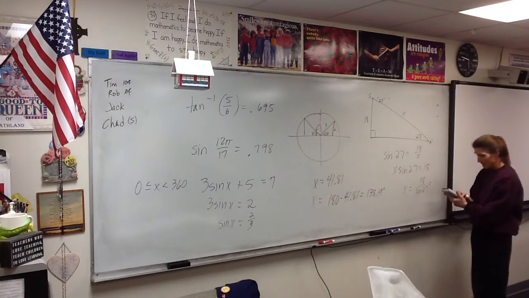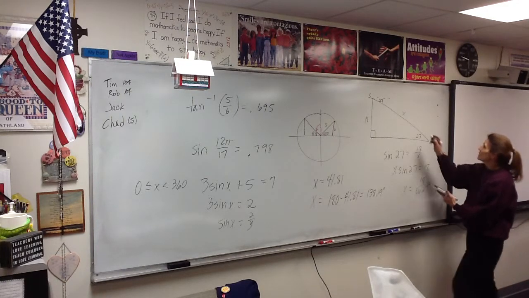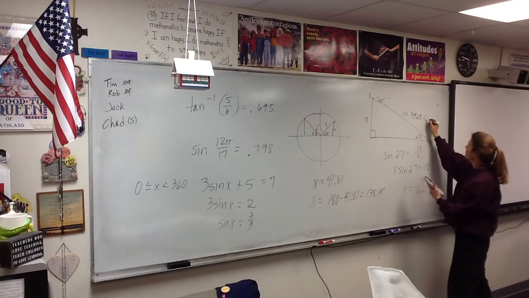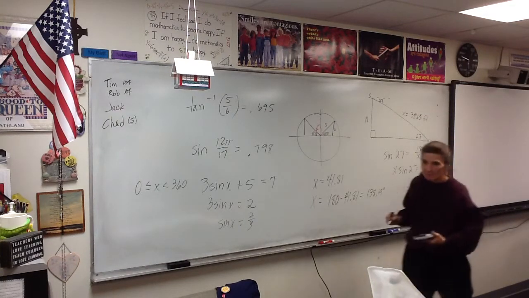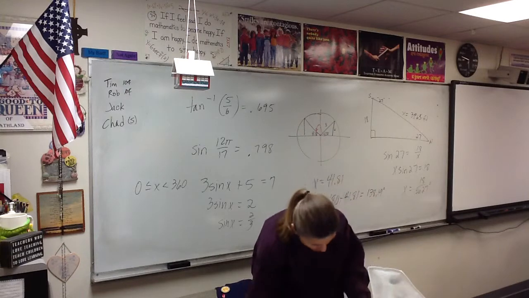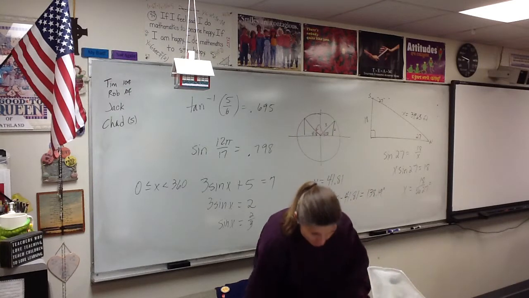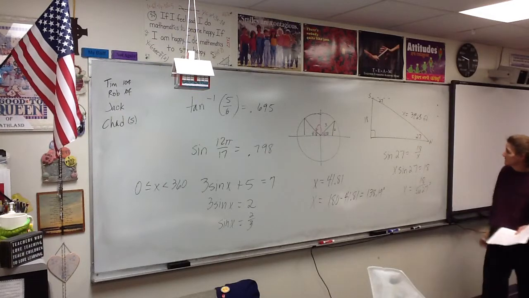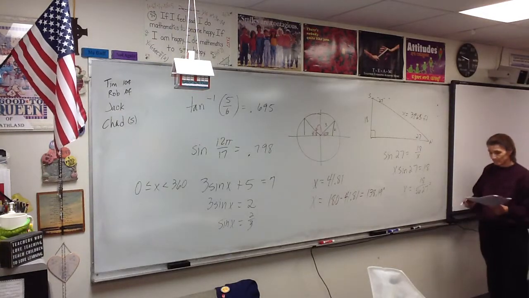It is 18 divided by sine 27. He is 39.65, was that feet? I can't remember my units. Yeah, feet. The nut and the squirrel are 39.65 feet apart.